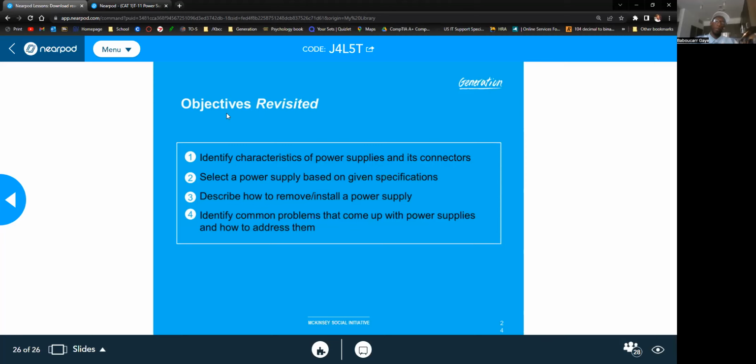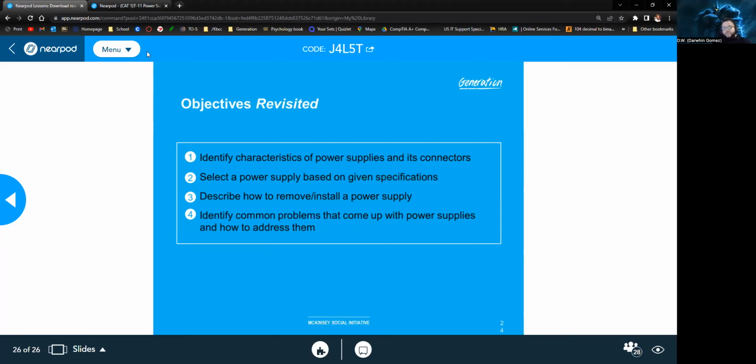Okay. All right. Form factor does not matter when selecting a power supply. True or false? False. Okay. Different power supplies come with different connectors.